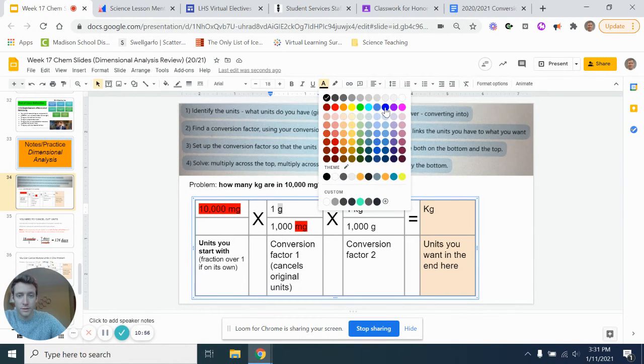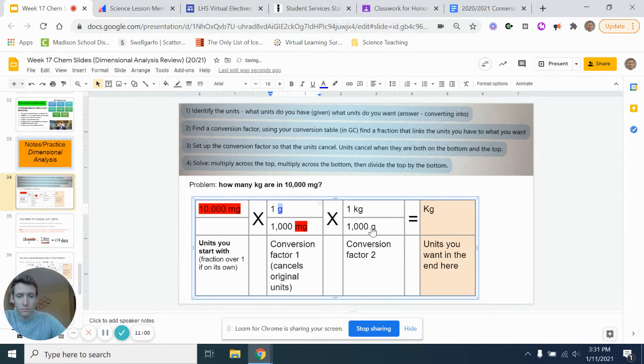I'll highlight that in a different color just to keep track. I'll just remember blue is canceled.